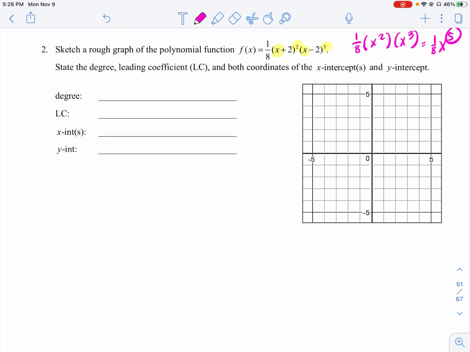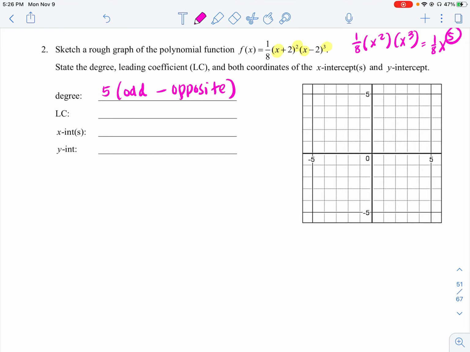Remember, I did this one in my previous video called End Behavior of a Factored Form, so you need to make sure that you've watched that also. We have a degree of 5, because the exponent is 5. And 5 is an odd number, and odd degrees go in opposite directions.